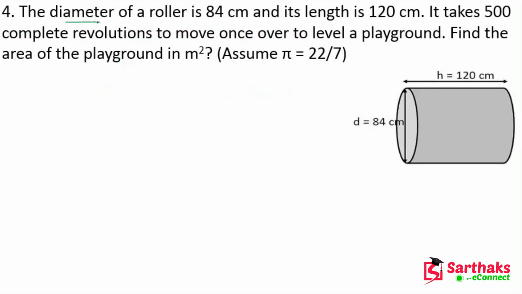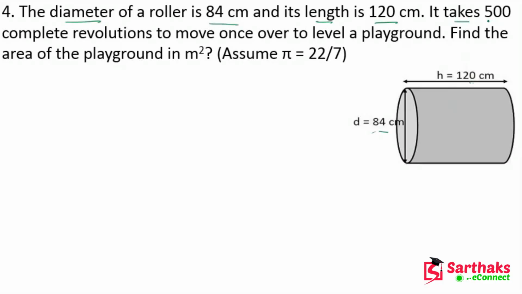The diameter of a roller is 84 centimeter and its length is 120 centimeter. Here we have a roller in which the diameter is 84 centimeter and its length, which we can say is the height of this roller, is 120 centimeter.